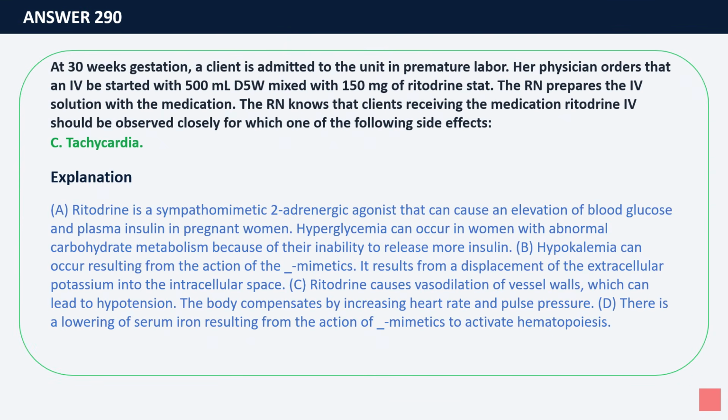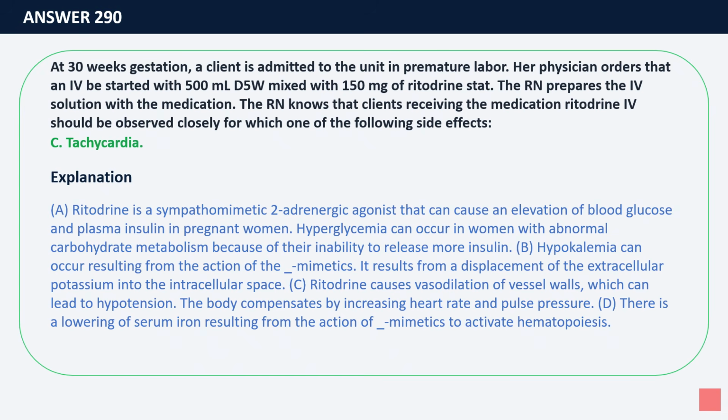Answer: C. Tachycardia. Explanation: A. Ritodrine is a sympathomimetic beta-2-adrenergic agonist that can cause an elevation of blood glucose and plasma insulin in pregnant women. Hyperglycemia can occur in women with abnormal carbohydrate metabolism because of their inability to release more insulin. B. Hypokalemia can occur resulting from the action of the mimetics.